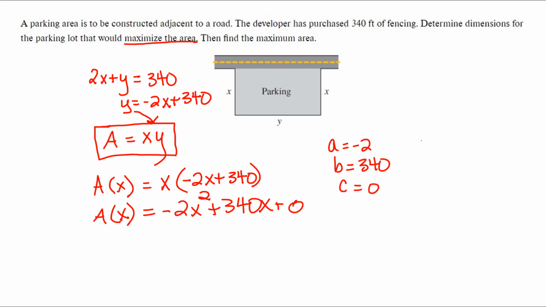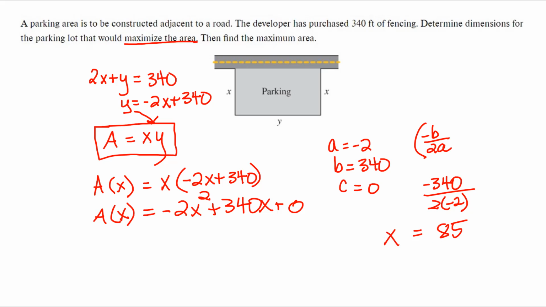I can use the vertex formula to find x. It's going to be negative b over 2a, so negative 340 over 2 times negative 2, and that is going to be 85. So 85 feet is x.